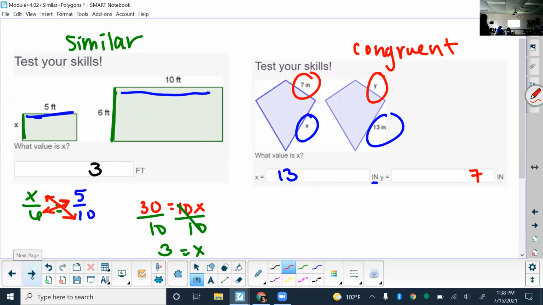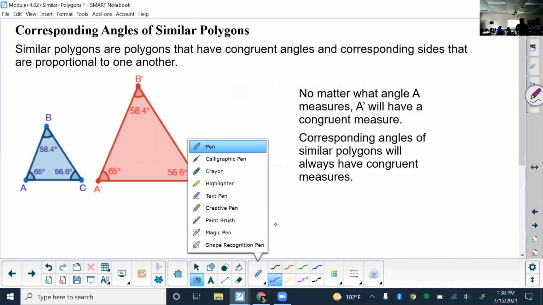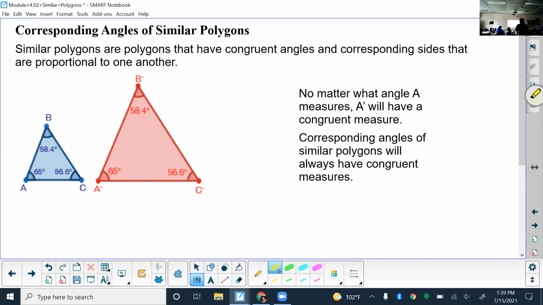All right, so then moving on, we have corresponding angles of similar polygons. We talked about this in the last lesson, so sorry if it's a lot of repeating. But we learned that similar polygons are polygons that have congruent angles. So in these two similar figures, notice the angles are all exactly the same, and then corresponding sides are proportional to each other.